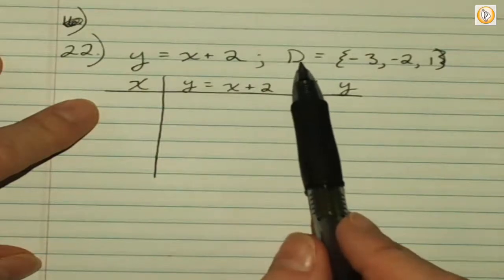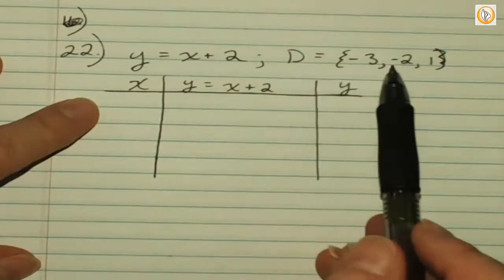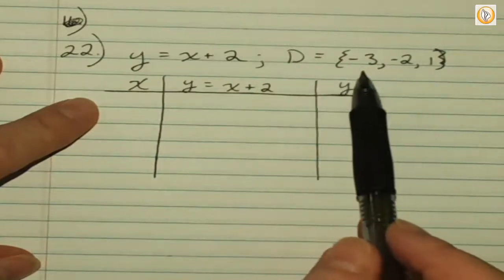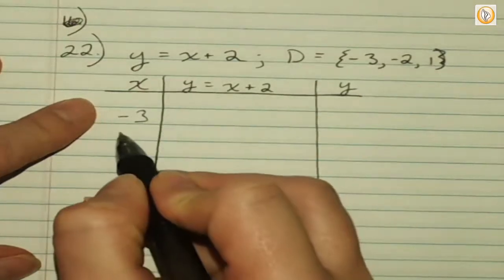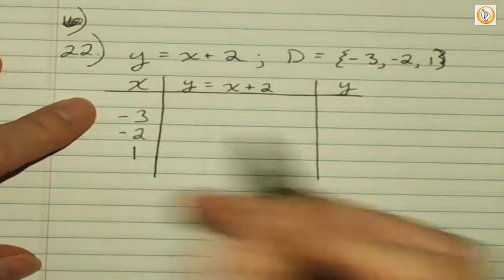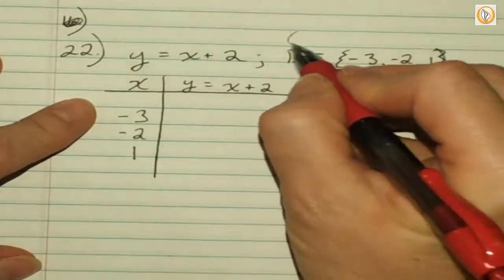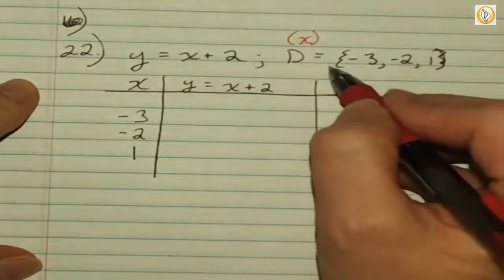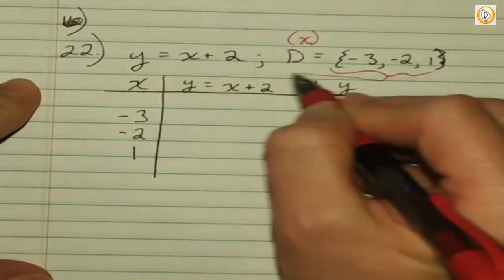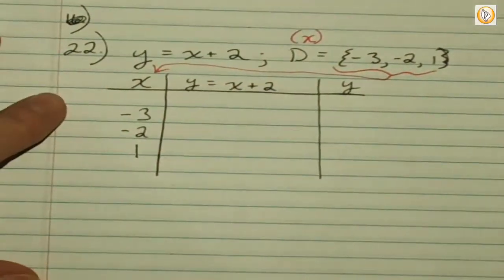So they gave us a domain, and domain represents X. So did they give us all of our X's? They sure did. So we're going to write down our X, because that's what they gave us. Remember, the domain represents your X, and we're going to take all of this and list them right there. Does that make sense? Okay.